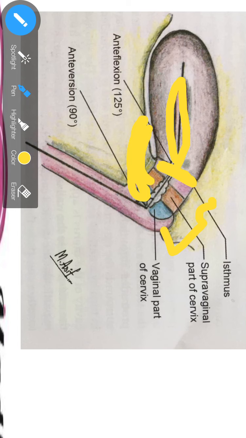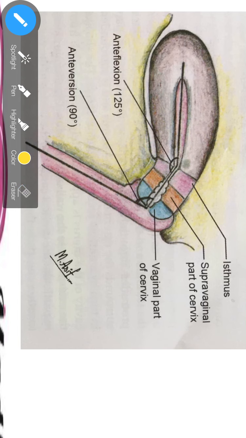But 10% of uteri could be retroverted retroflexed. What is that?